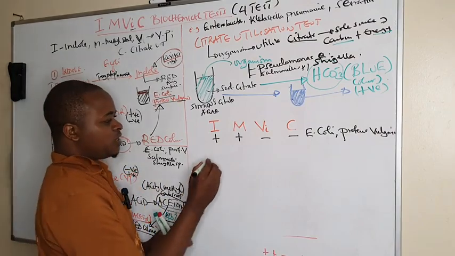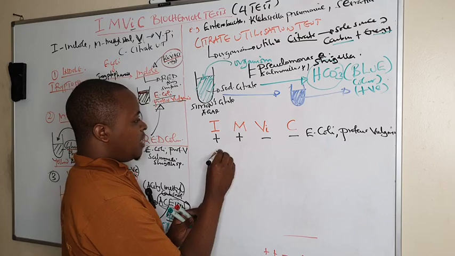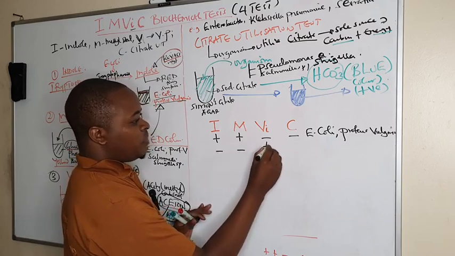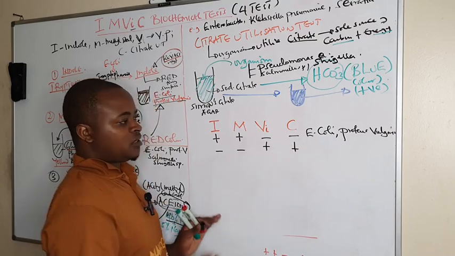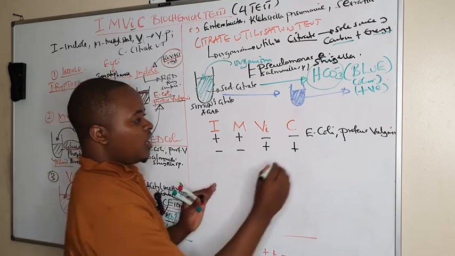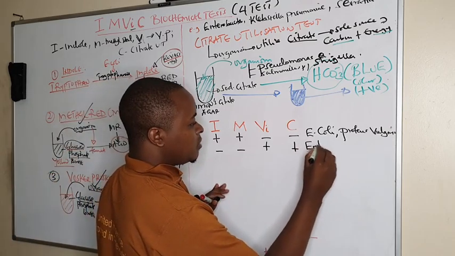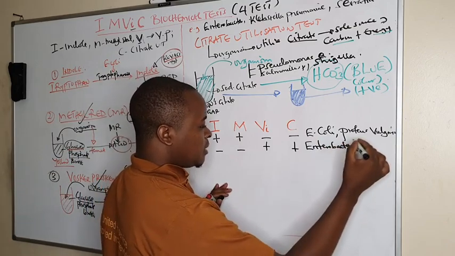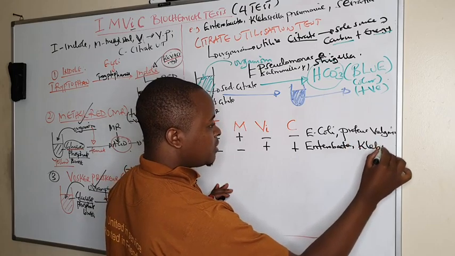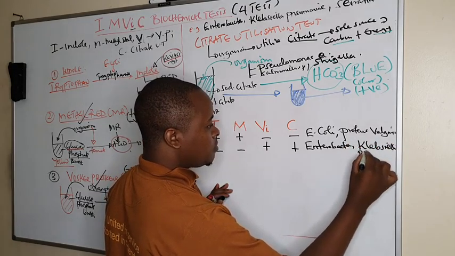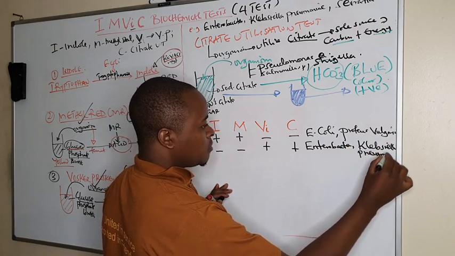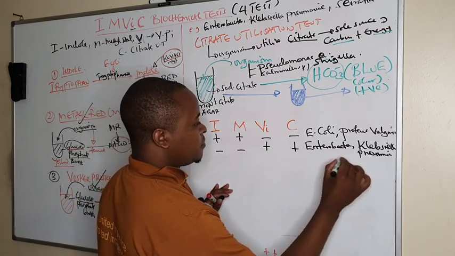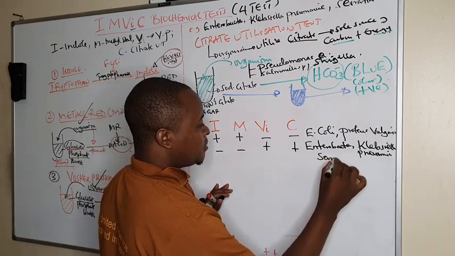Then in case we get results whereby we have negative indole, negative methyl red, but positive VP and positive citrate utilization, here we have organisms like Enterobacter species, Klebsiella pneumoniae, and we can also see organisms like Serratia marcescens.